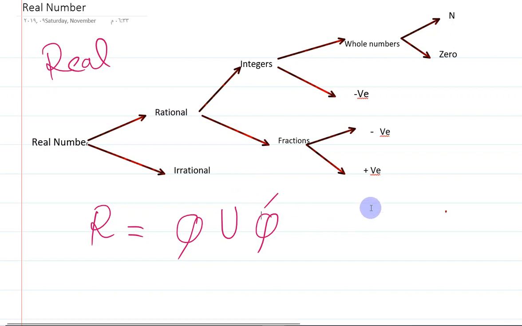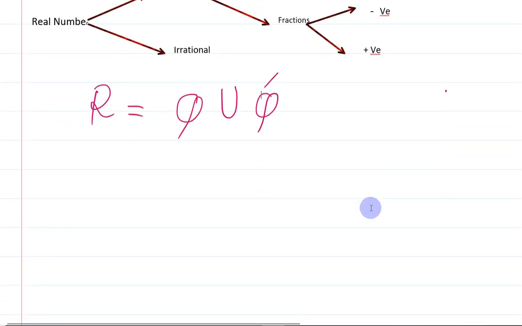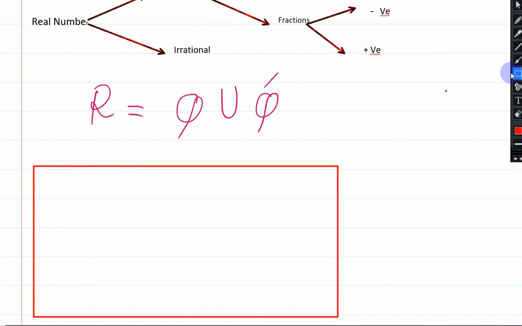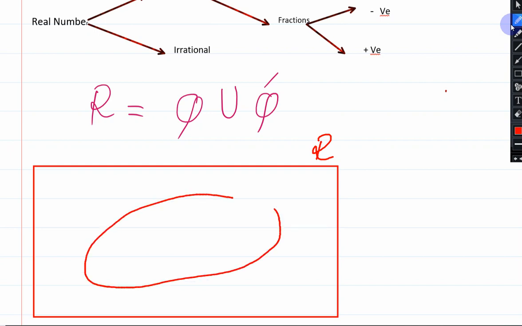So if he asks you what is the relation between all these numbers and the real numbers, I can make the real numbers the universal set. The universal set is the real numbers, and inside it I represent the Venn diagram this way.